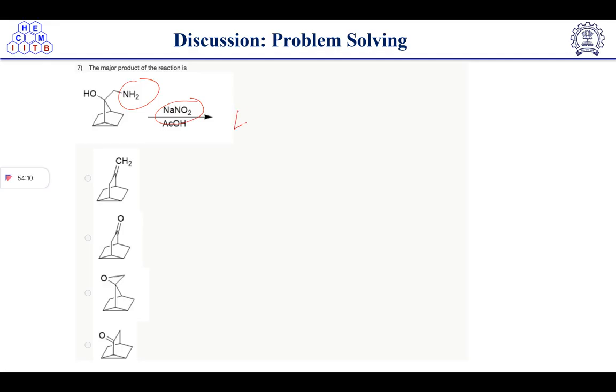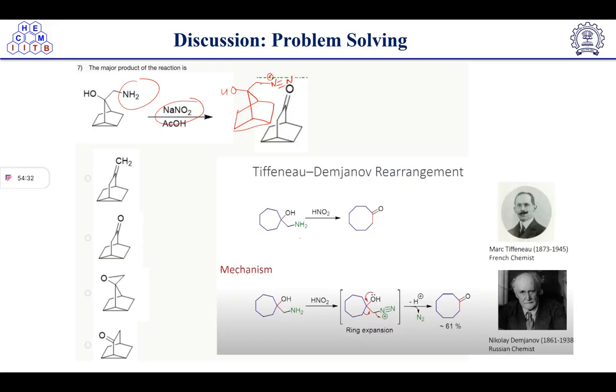Whenever you see this combination, you have to make the diazonium. Diazonium salt formation will take place. After this diazonium salt formation, what is the next thing? This will push electron here and this will knock out. You will get the product directly.